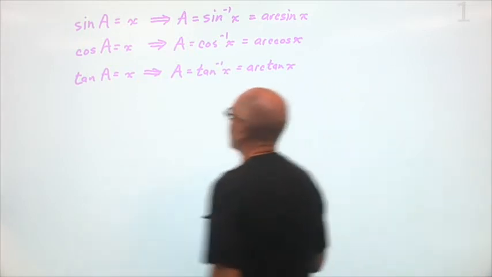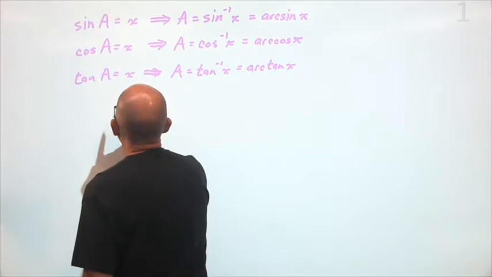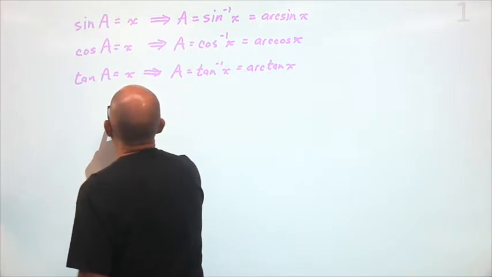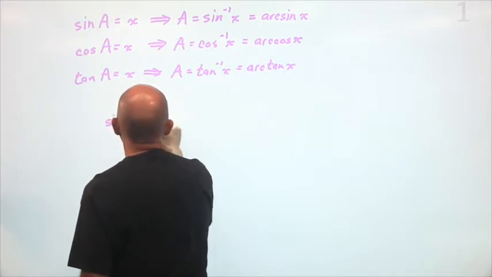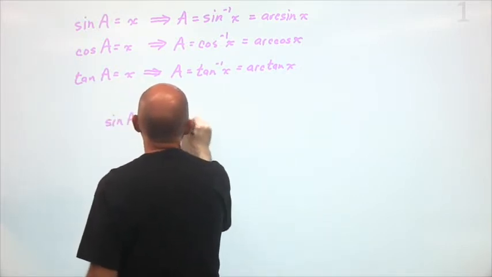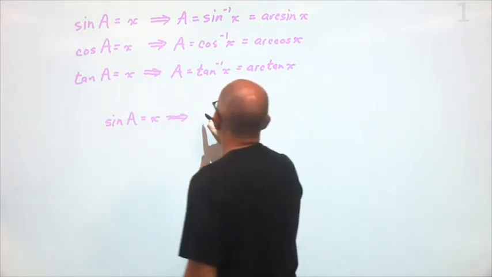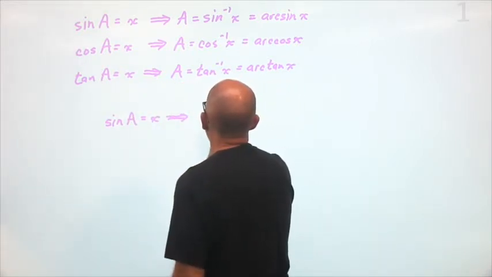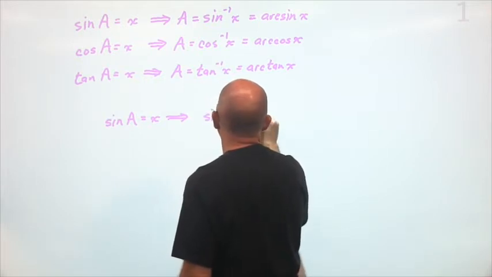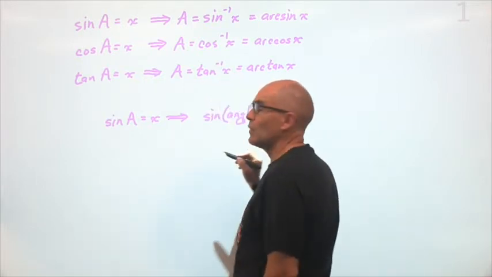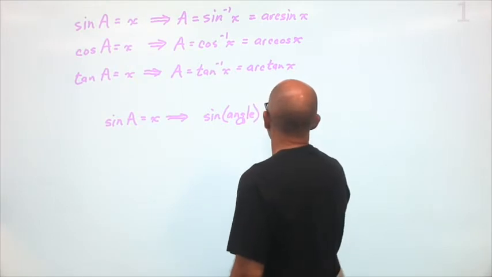Now notice one other thing. If I have sine of A equals x, then what that means is that I have sine of an angle equals a ratio of sides.